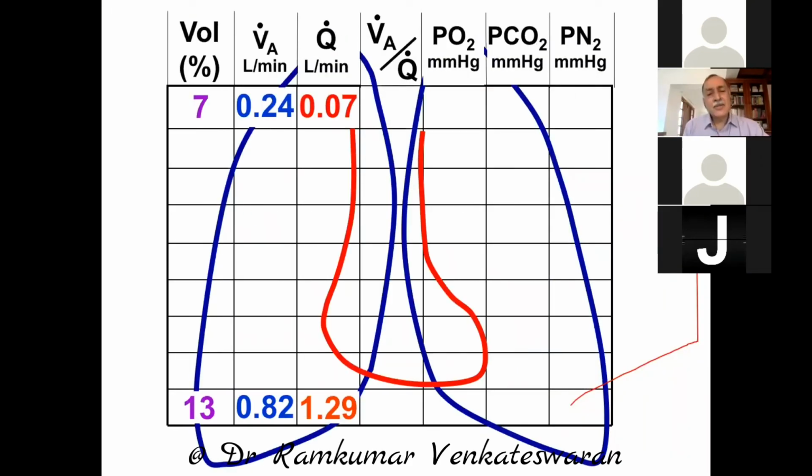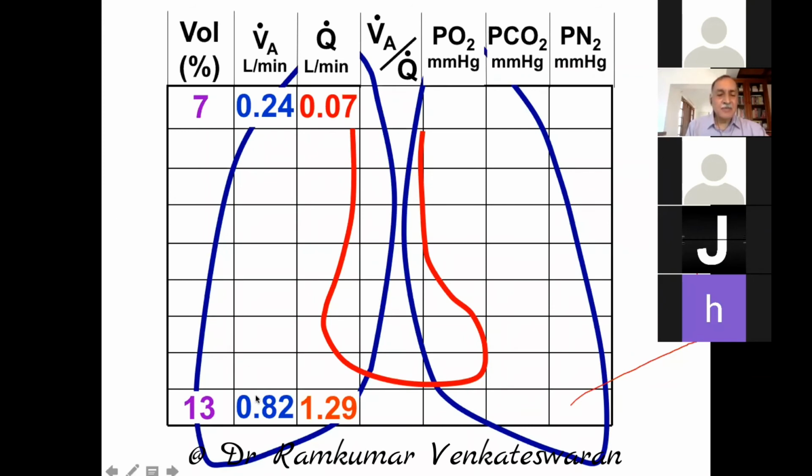So going back to this diagram again, John B. West's 9-slice diagram, we now concentrate on the second column where certain numbers have come up. 0.24 is the alveolar ventilation in liters per minute in the topmost slice of the lung, whereas in the bottommost slice of the lung, which is volumetrically bigger than the top of the lung, it's 0.82 liters per minute.